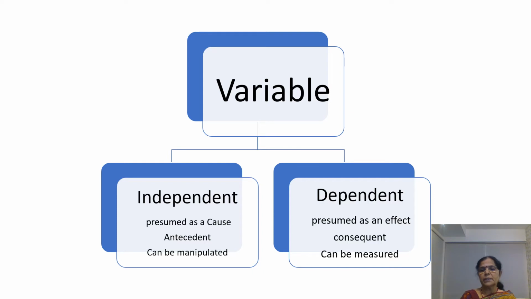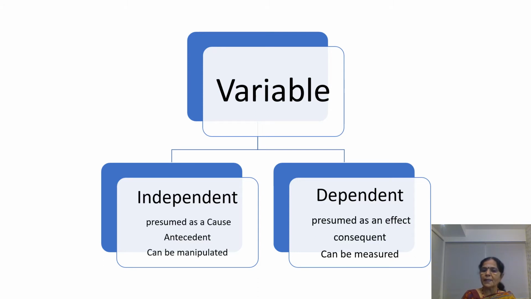Now, take this example of students' performance and their IQ level, motivation level, parents' involvement level, and time spent on study. In this example, students' IQ level, motivation level, parents' involvement, time spent on study are all independent variables which can be manipulated by the researcher.